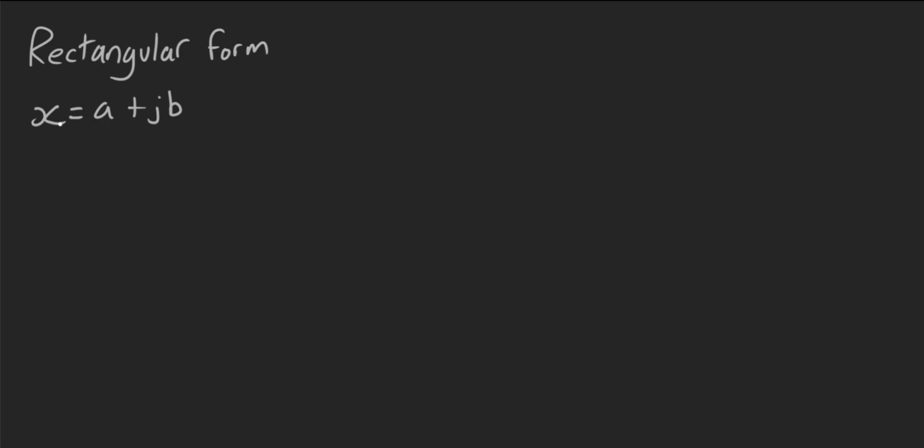This is rectangular form of a complex number, and you should know that you can take a conjugate of rectangular form, and what essentially that does is just change the sign from minus to plus, plus to minus, and if you were to take a double conjugate, the conjugates would basically cancel out and you wouldn't really have to worry about it.